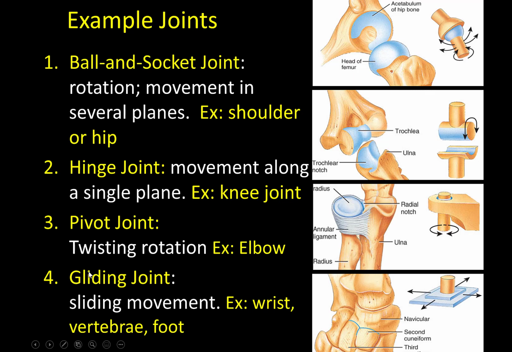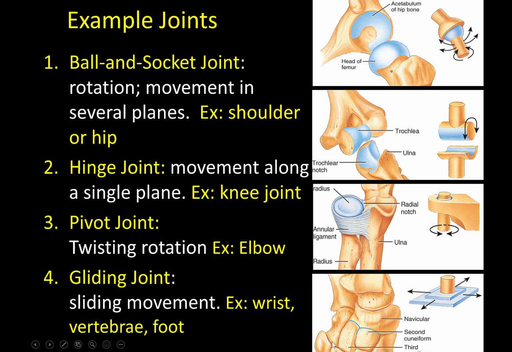And then finally, we have gliding joints. Gliding joints are where flat bones connect to each other. And they don't lift away from each other. They stay touching, but they can slide against each other in all of these different directions. You see this kind of joint where you have clusters of lots of small bones that are all on top of each other?